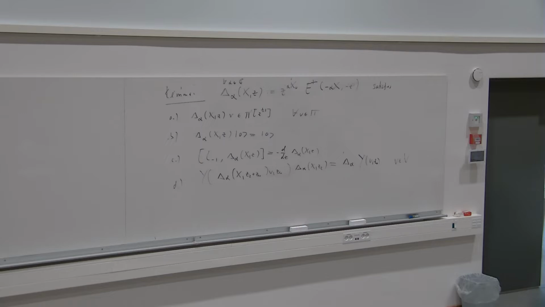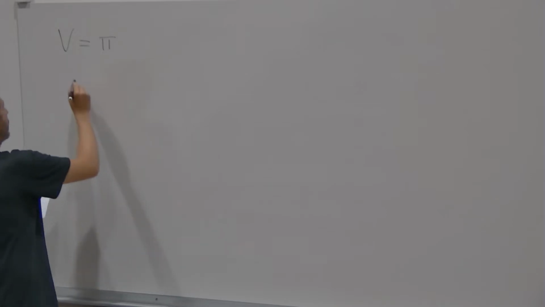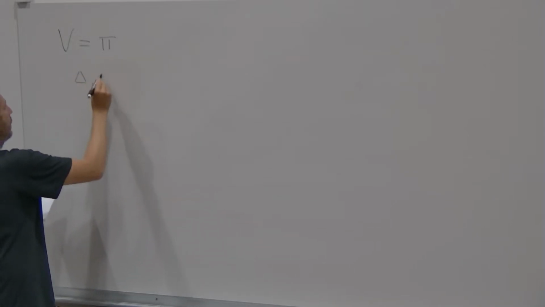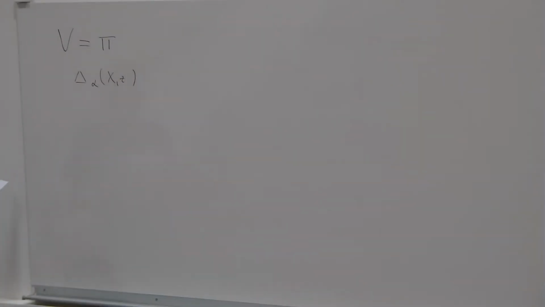Okay, now anyway, let's see what the twisted module is. Let's restrict to the case where our vertex algebra is just the Heisenberg algebra, and let's see how our delta operator acts. I'm sorry, what is the hypothesis of this lemma?